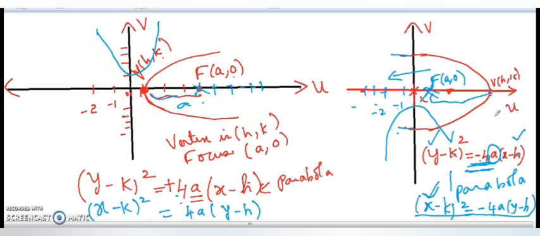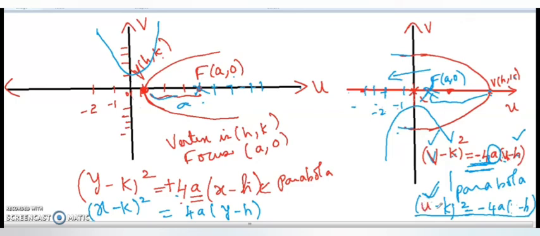One more thing you can notice: when you draw the graph in u and v, instead of x and y, you can take u and v. So let me replace it. Instead of y, you can take v, and instead of x, we take u.